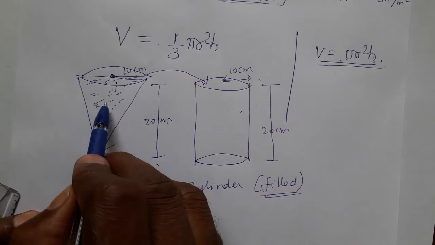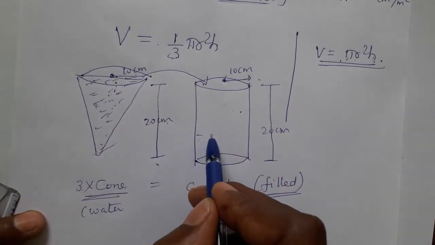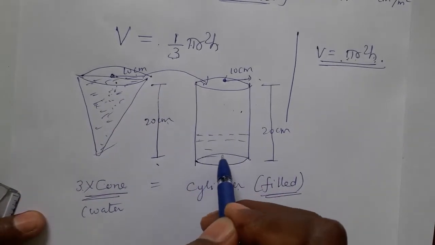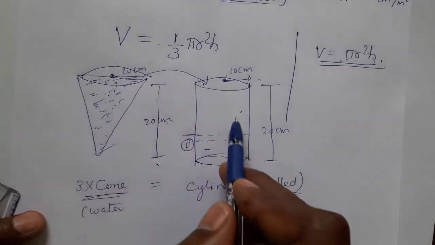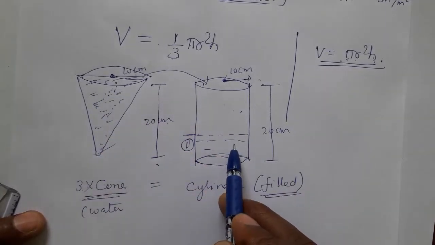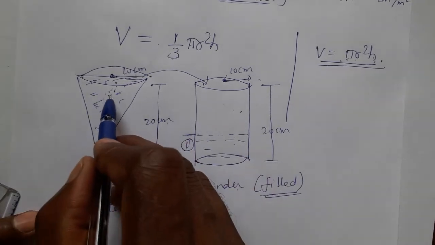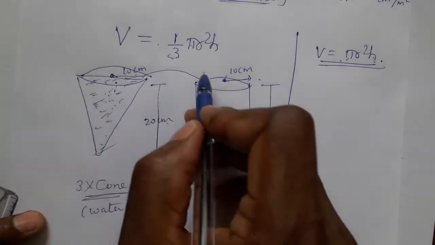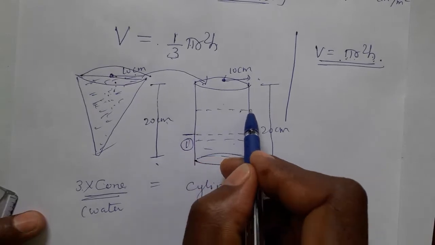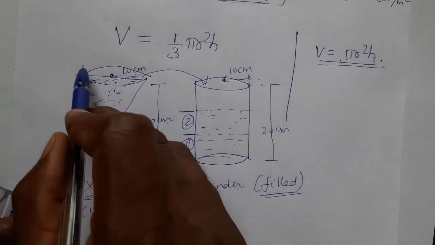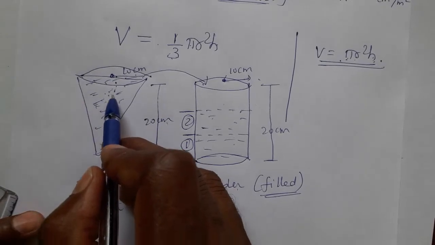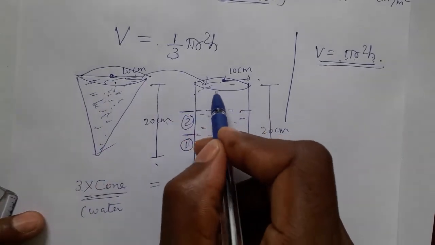First you pour one cone of water, and only this much part is filled. Next, the second time, fill the water inside the cone again and pour it, and it fills only this much. Now take cone water once again and pour it in. Now it is completely filled.